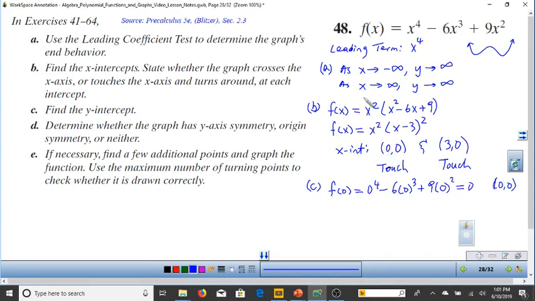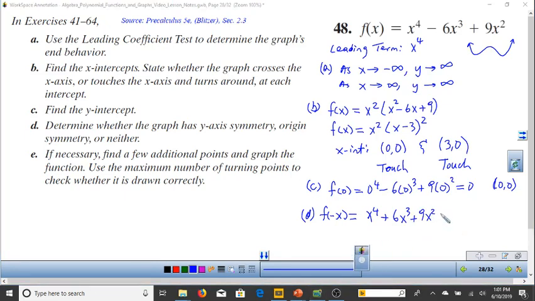Now, this graph again does not have y-axis or origin symmetry, because when I do f of negative x and replace all my x's with negative x, I get x to the 4 plus 6x cubed plus 9x squared.